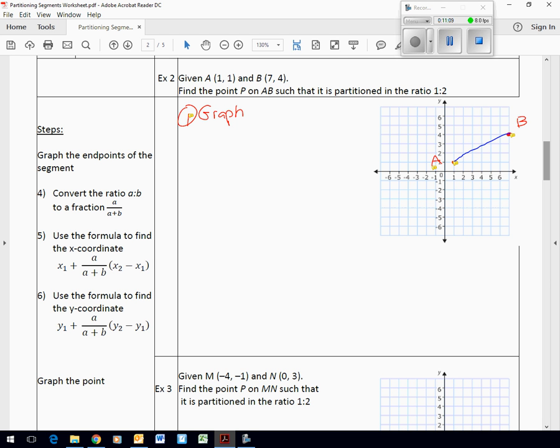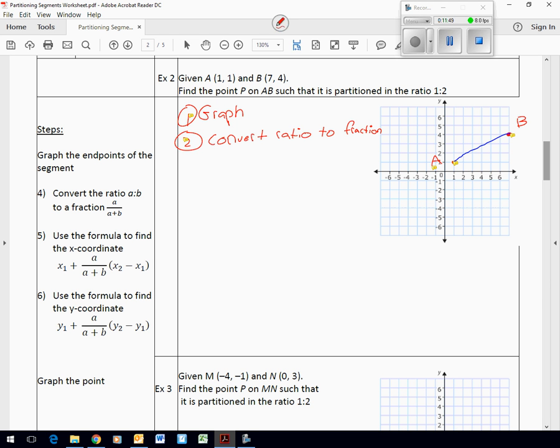Now, over here, it tells you your steps. After I graph, here's what I'm going to do. I'm going to convert ratio to fraction. What's my ratio here? Let's talk about how we say this. When I talk about a ratio, 1:2, that's a ratio of 1 to 2.